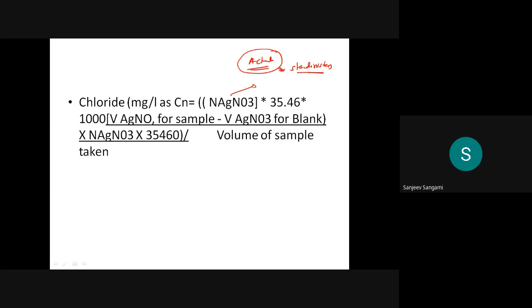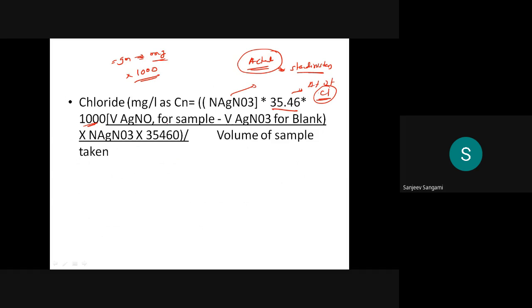Then it is multiplied by 35.46 and 1000. This 35.46 is the atomic weight of chloride. Remember, it is the atomic weight of chloride. Why are we multiplying by 1000? Atomic weight is always in grams, and we are converting it into milligrams. So grams to milligrams conversion, that is multiplied by 1000.